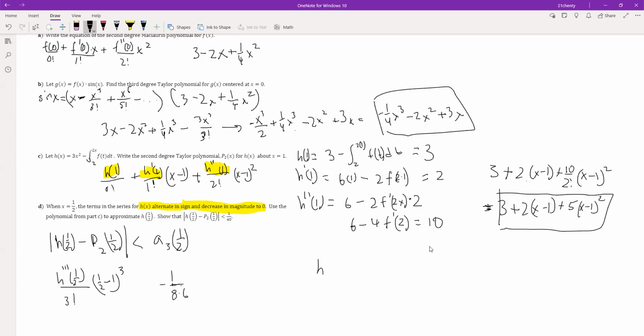So h triple prime of x is going to equal, well, the 6 goes away, and we get 4 f double prime of 2x times 2 again, which is 8 f double prime of 2x.